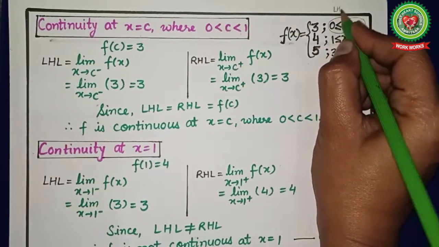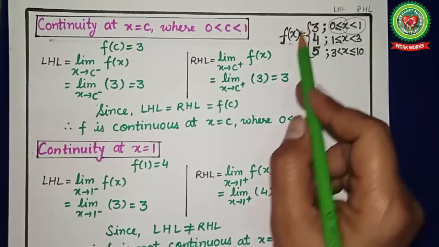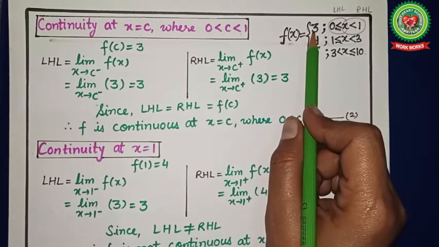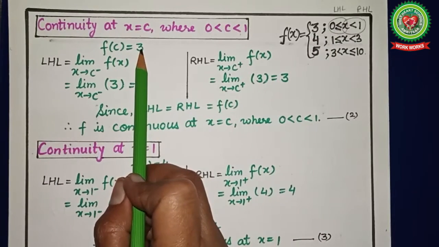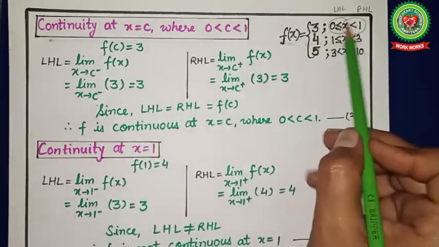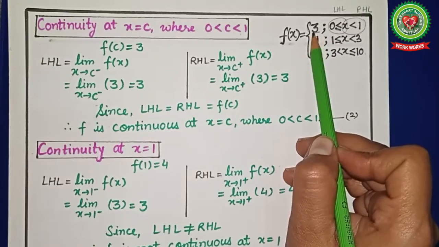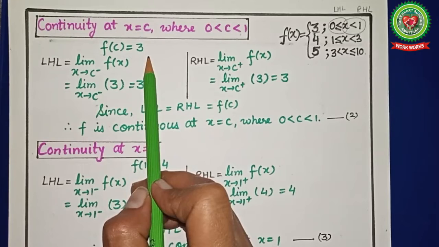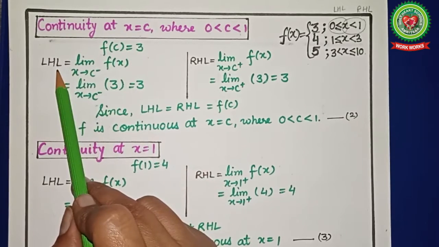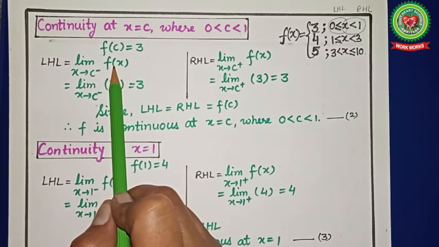This is the left hand limit and this is the right hand limit. For both the limits we are having the same value, that is 3. So f(c) at any point c between 0 and 1, you can say that only one function is there, so f(c) is equal to 3. Now for the left hand limit, the limit as x approaches c from the negative side of f(x).